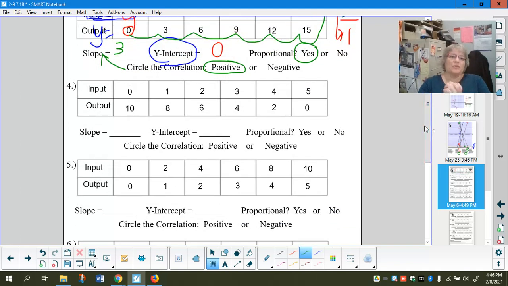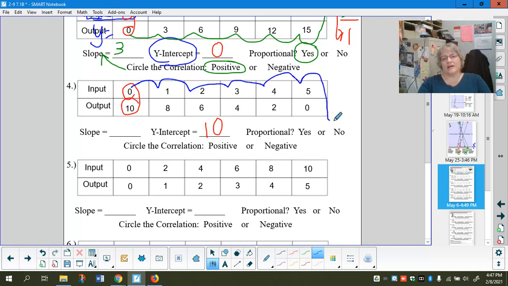All right, so number 4. Okay, so start with y-intercept. Wherever x is 0, y is the y-intercept. The y-intercept is 10. Okay, what is the slope? How much are these changing by? They're changing by 1.